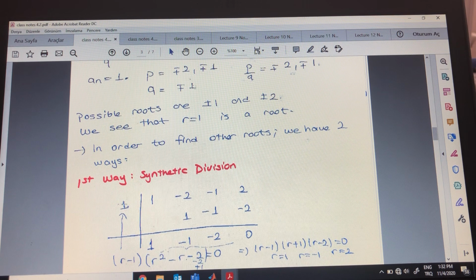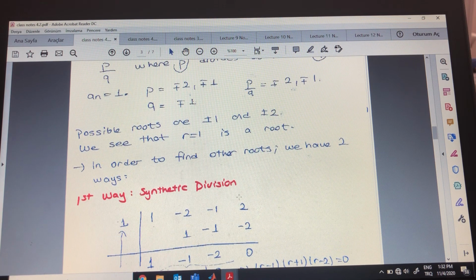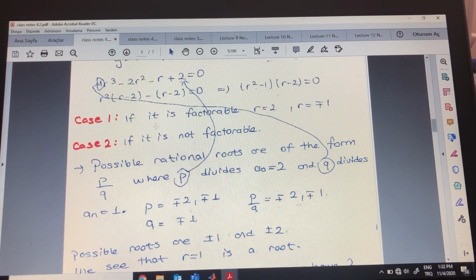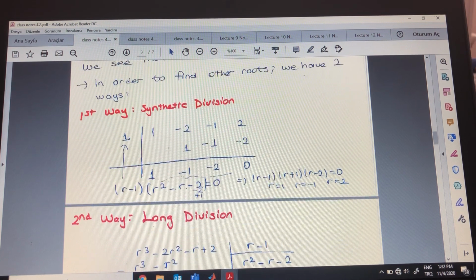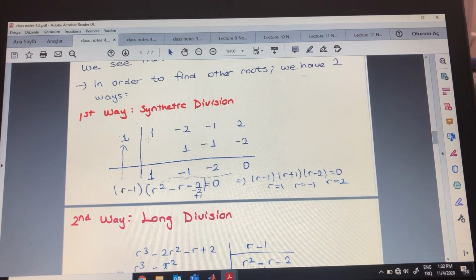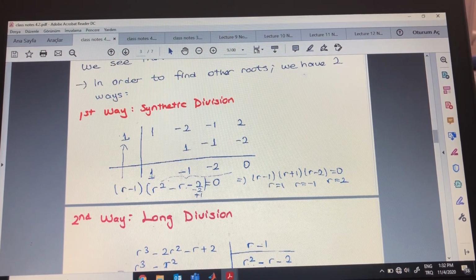First, I put the root that I found in here, and these are the coefficients of my equation. What are they? Look at that: 1, negative 2, negative 1, 2. And after that, you need to bring this 1 down here, and 1 times 1 is 1.